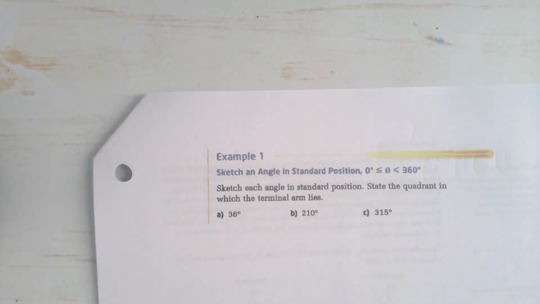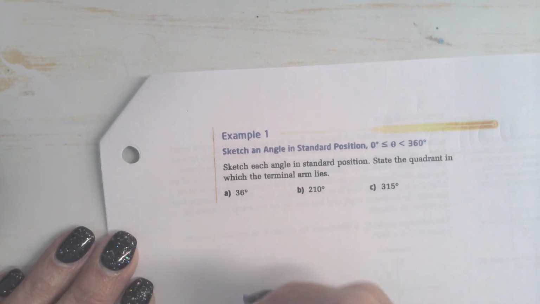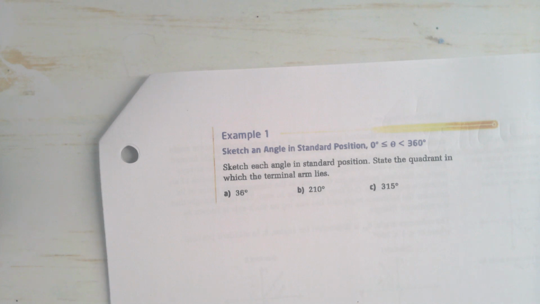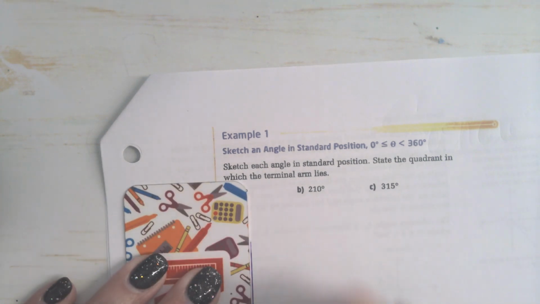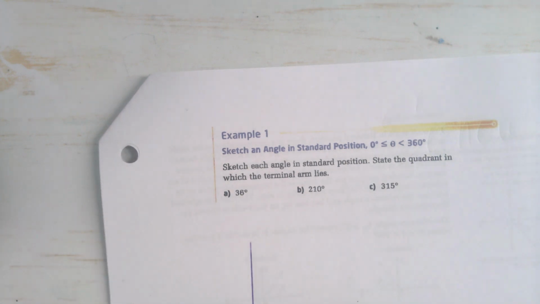All right. So we're going to sketch some angles. You don't need a grid though. I'm going to use a ruler because you know I like rulers. So I'm going to draw my X and Y axis. Now up until now we've used a protractor and I don't think we need a protractor.